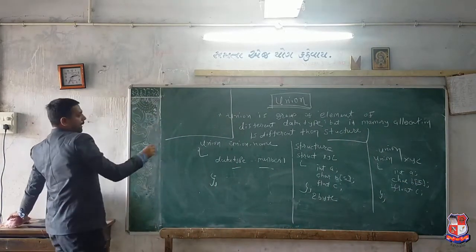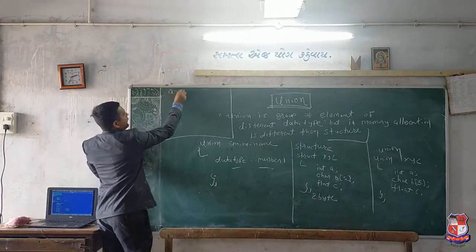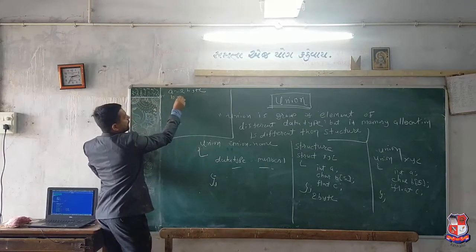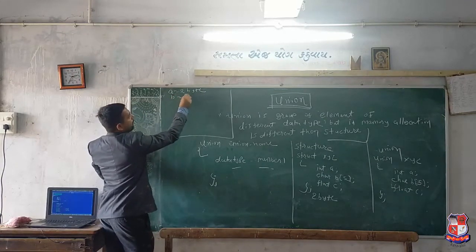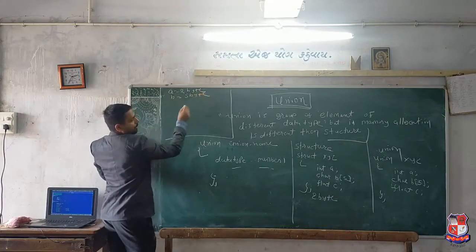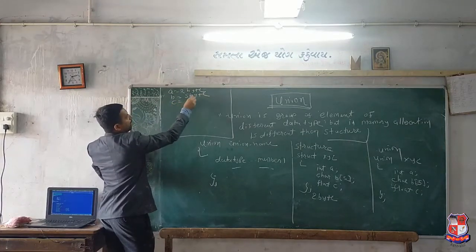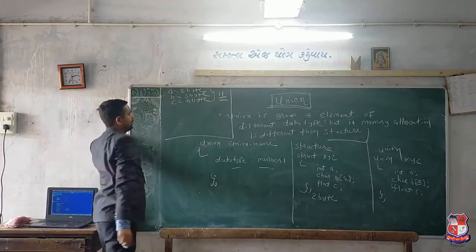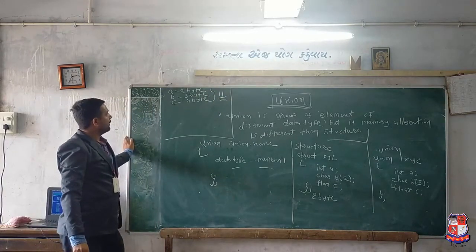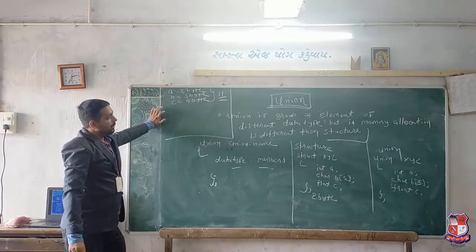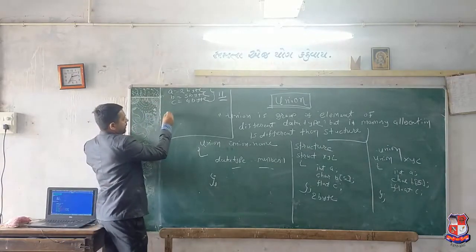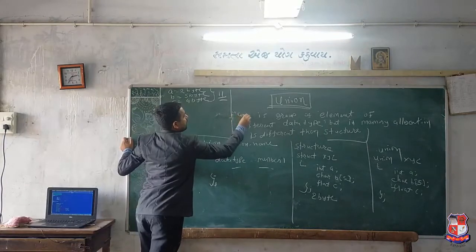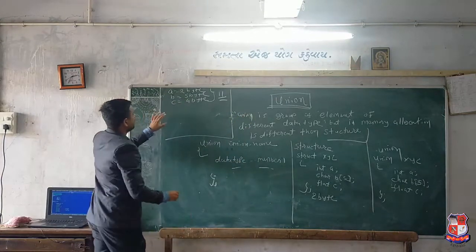So integer a has 2 bytes, character string b has 5 bytes because its size is 5, and float has 4 bytes. So total 11 bytes. So in structure, the memory allocation is just like this.